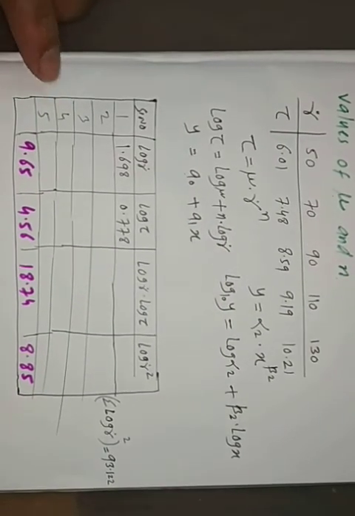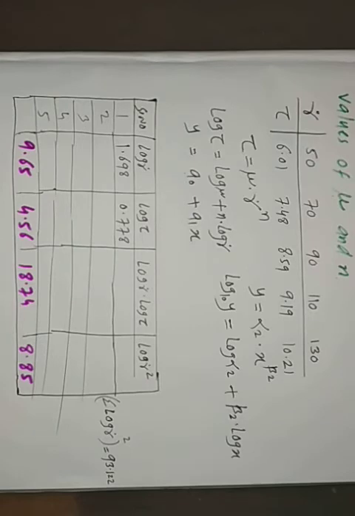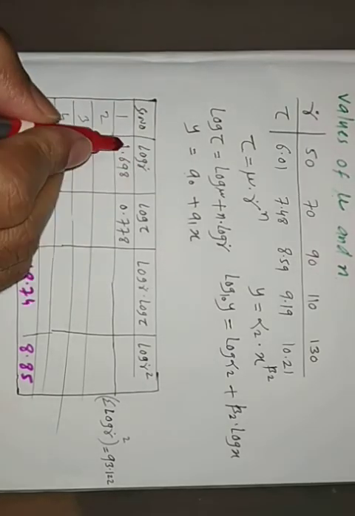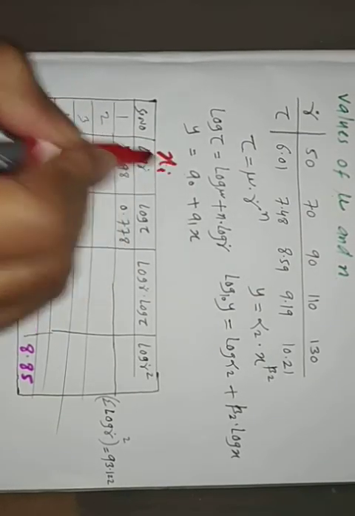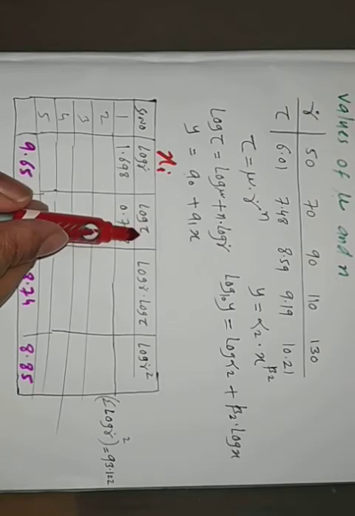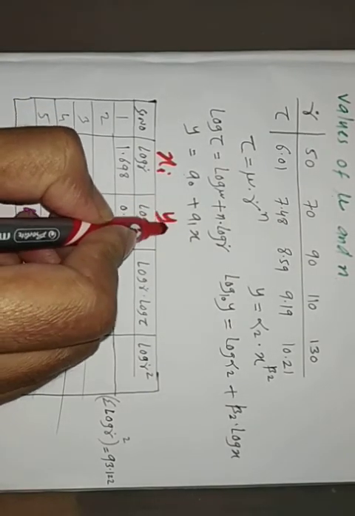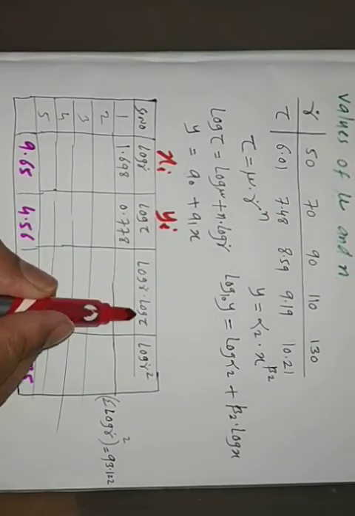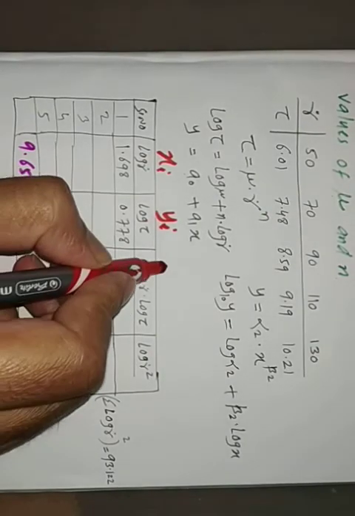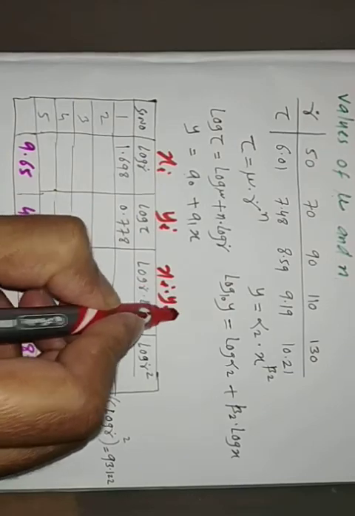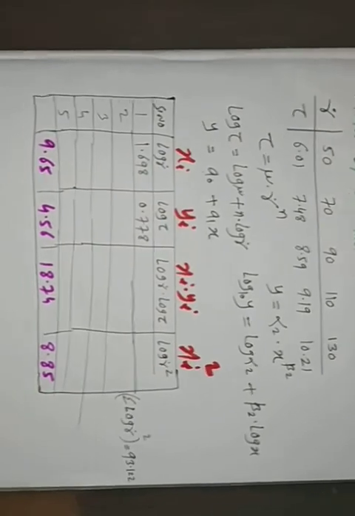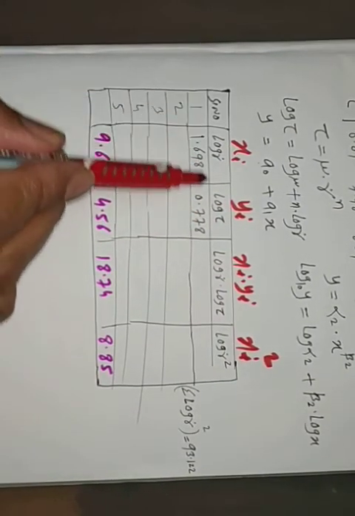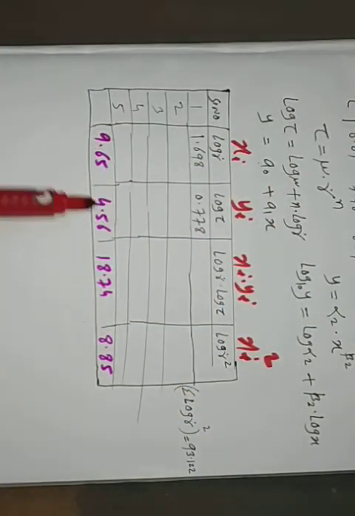So you make one table: serial number, log gamma dot, this is our xi, then log of tau, that is yi, and xi into yi, and this is xi square. So you take log of gamma dot and tau, these values, and put in the table, find out all these things.